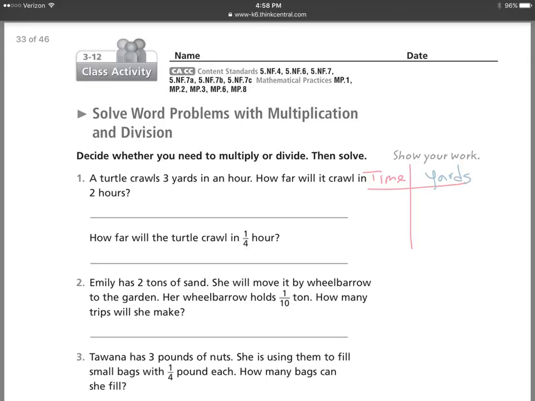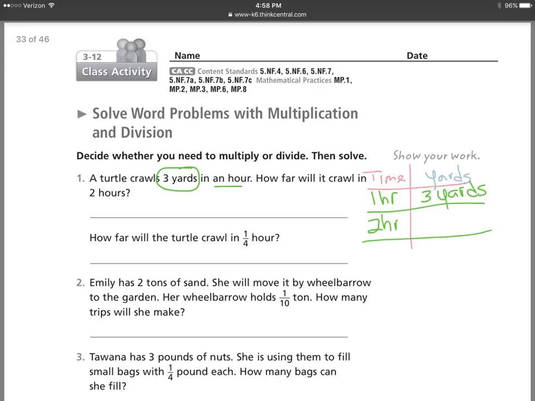It says that the turtle crawls 3 yards in 1 hour, so we could label that: in 1 hour the turtle will crawl 3 yards. Well, if that's true, then we should be able to make a pretty good prediction of how many yards the turtle can travel in 2 hours.